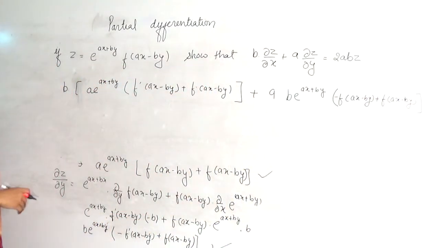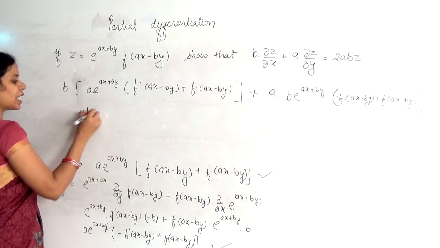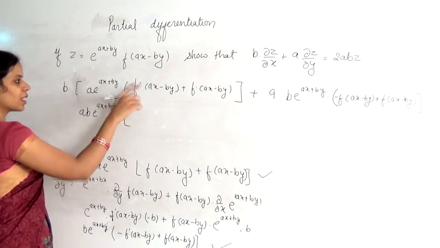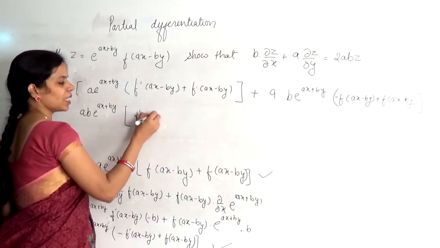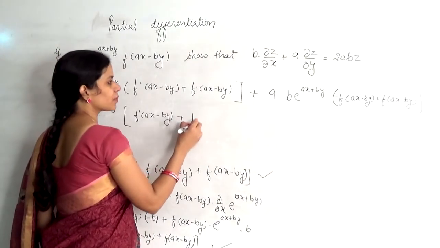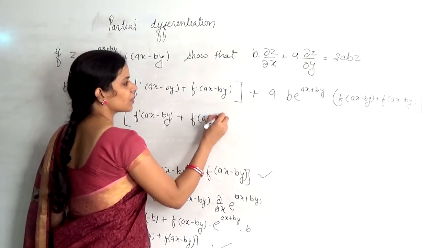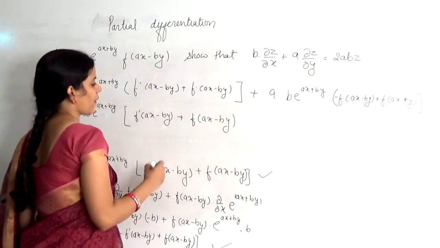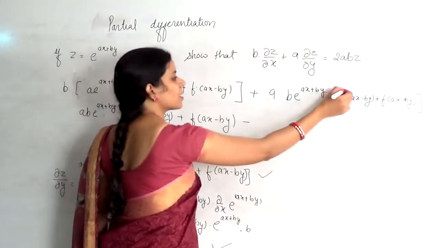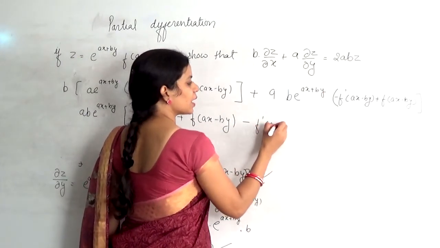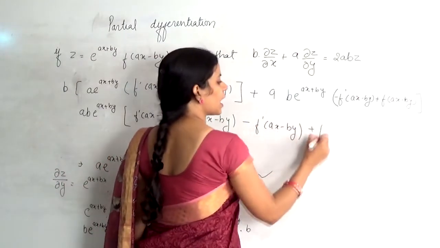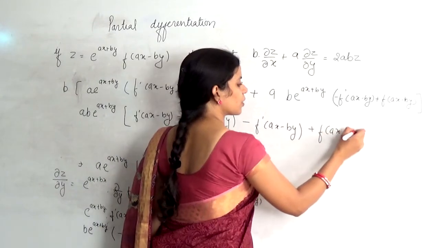By keeping constant terms outside, we will get ab e to the power ax plus by, here f dash (ax minus by) plus f(ax minus by) minus f dash (ax minus by) plus f(ax minus by).